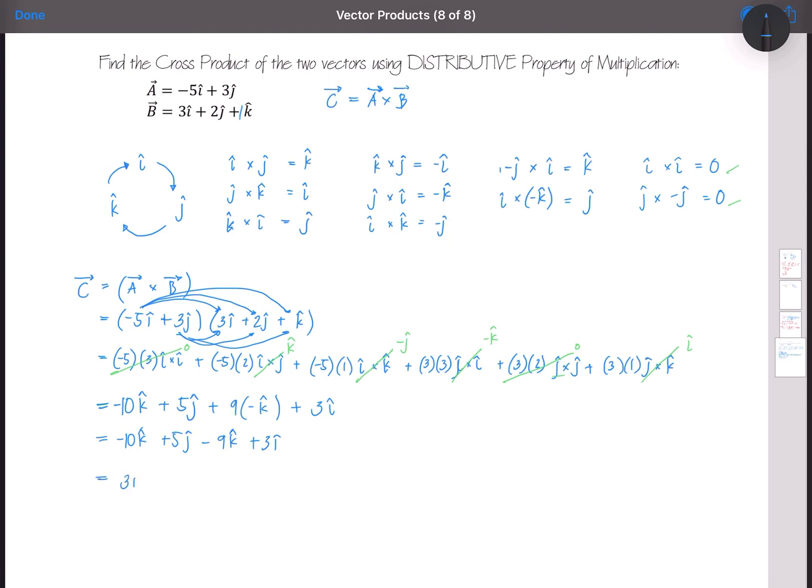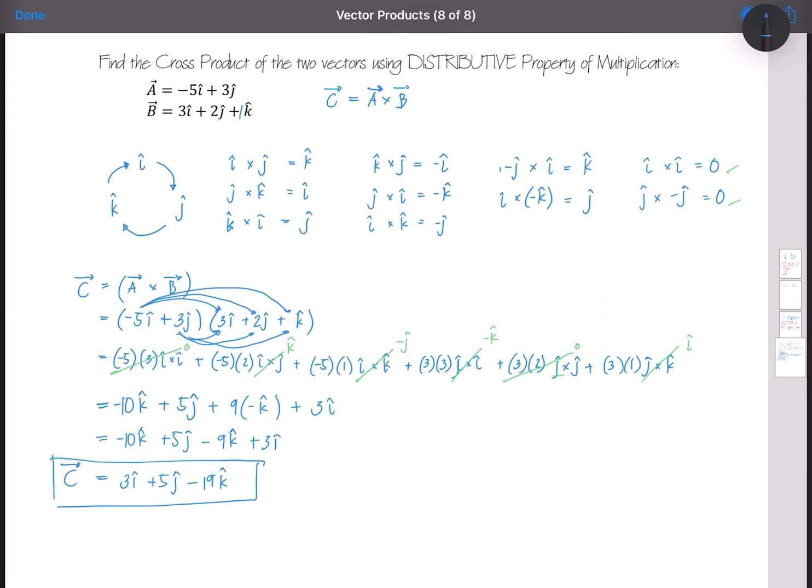We have 3 i hat plus 5 j hat minus 19 k hat. And that is now our vector C. The thing about distributive property is that it's quite lengthy.